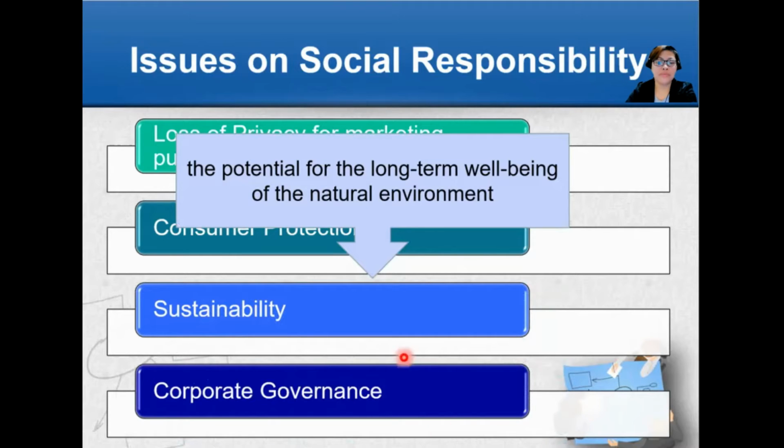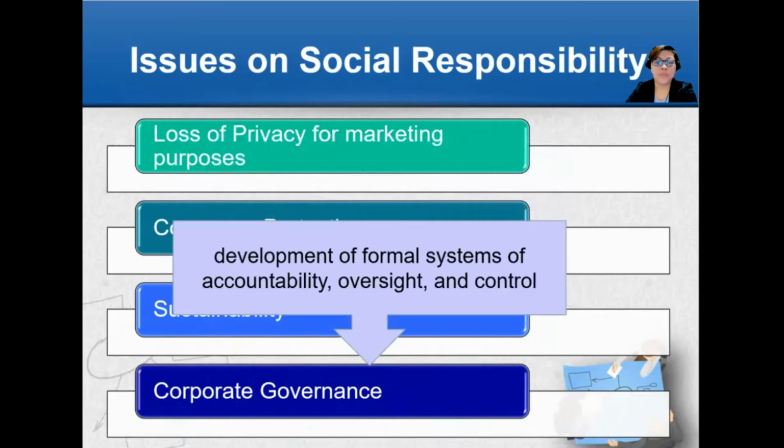Then we have corporate governance. Okay, so this involves the development of formal systems of accountability, oversight, and control. Strong corporate governance mechanisms remove the opportunity for employees to make unethical decisions.